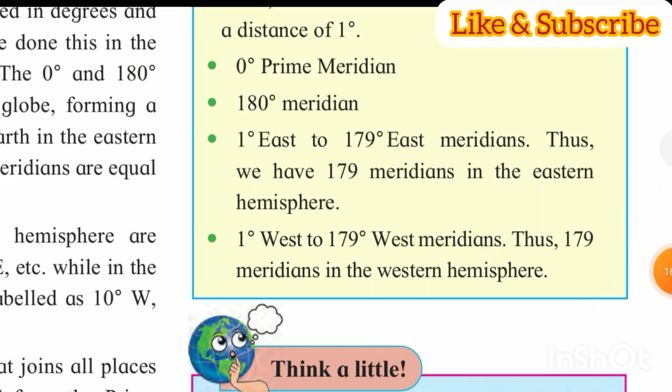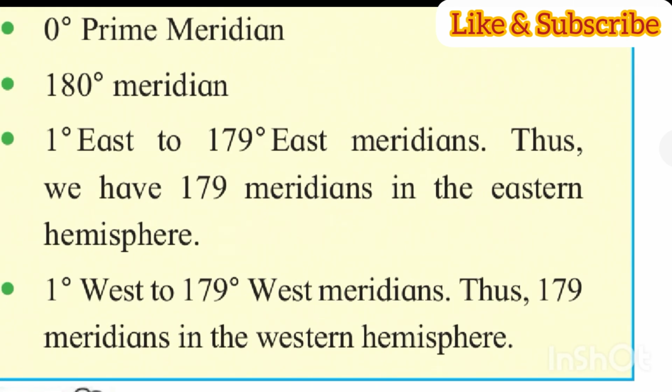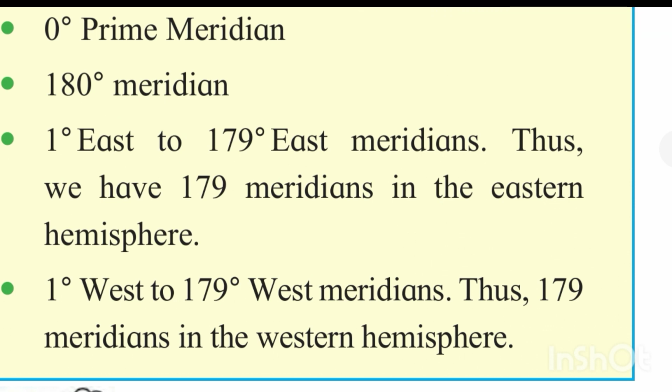1 degree east to 179 degree east meridian. Thus we have 179 meridians in the eastern hemisphere and 179 meridians in the western hemisphere. You must be thinking, why not 180 degree meridian? Why are they saying 179 meridians?